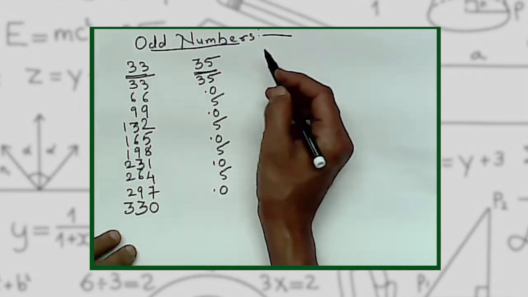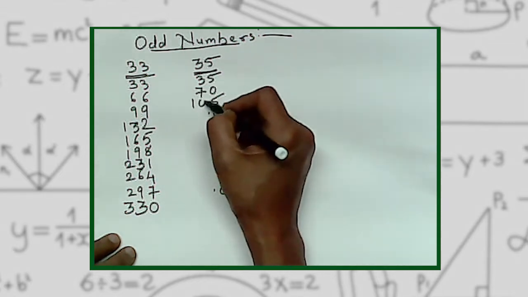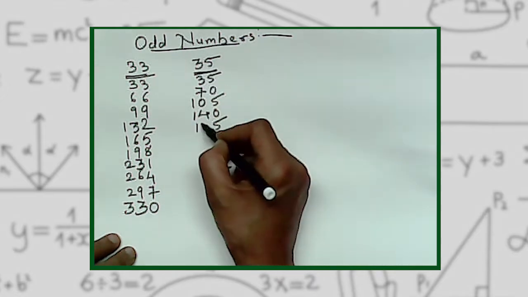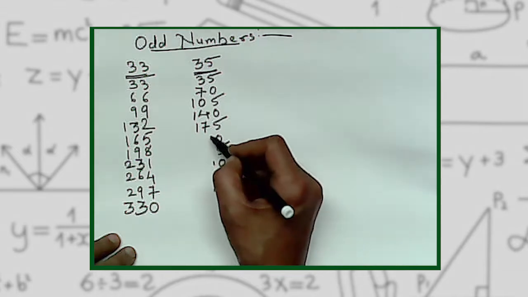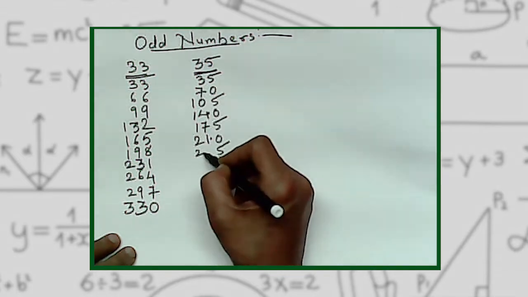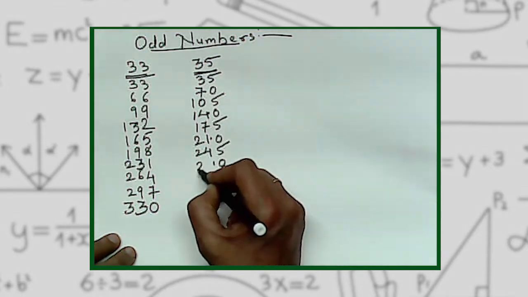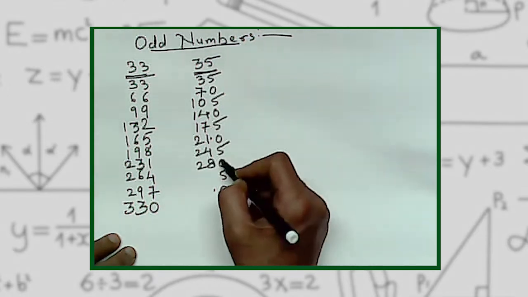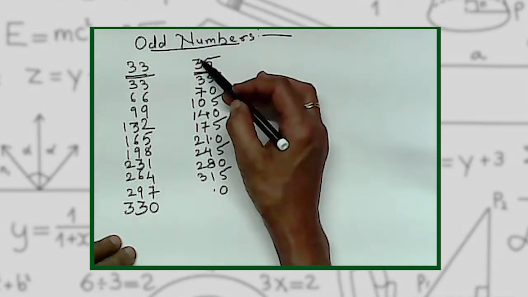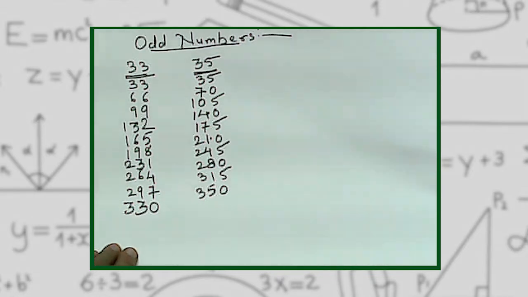Now, as usual, left hand side: 3 plus 3, 6 plus 1, 7, 7 plus 3, 10, 10 plus 3, 13 and 1, 14, 14 plus 3, 17, 17 plus 3, 20 and point, 21, 21 plus 3, 24, 24 plus 3, 27 and this point, 28, 28 plus 3, 31, 31 plus 3, 34, and this point, 35.